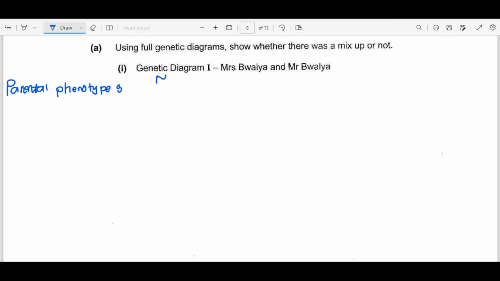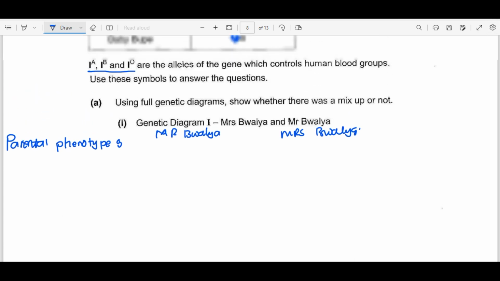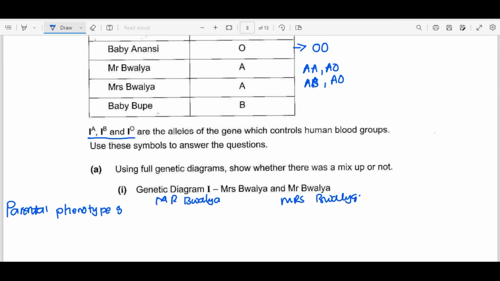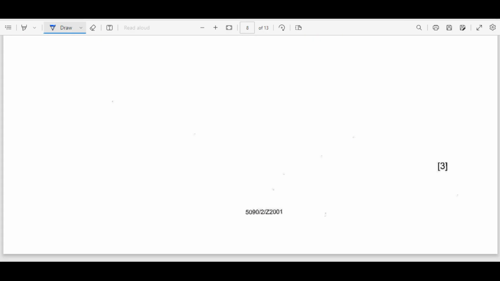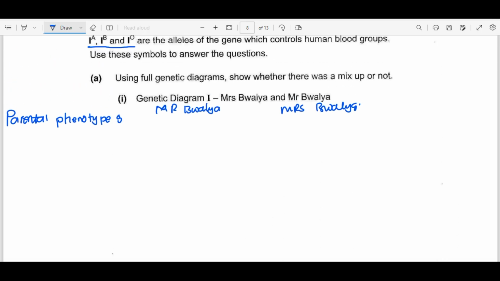So we have Mr. Walia, then Mrs. Walia. Now for Mr. Walia, let's go to our table. Mr. Walia, there are two chances. So it's AA or AO. We don't know, so we are going to make 2. Then from there we are going to make our conclusions.